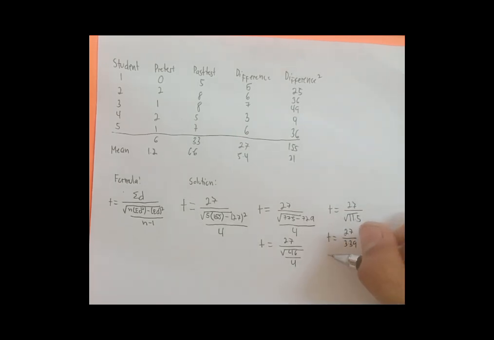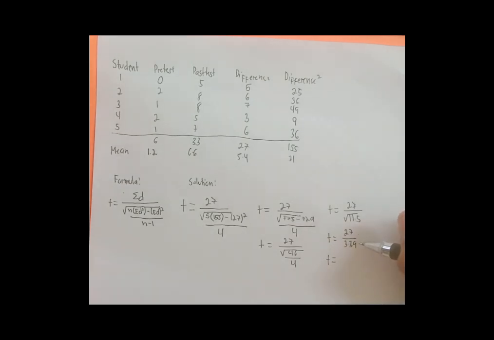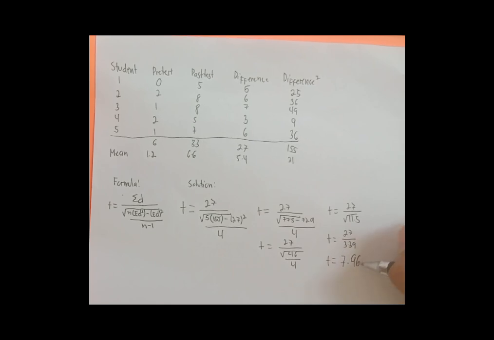So let's divide. t equals 27 divided by 3.39 is equal to 7.96.